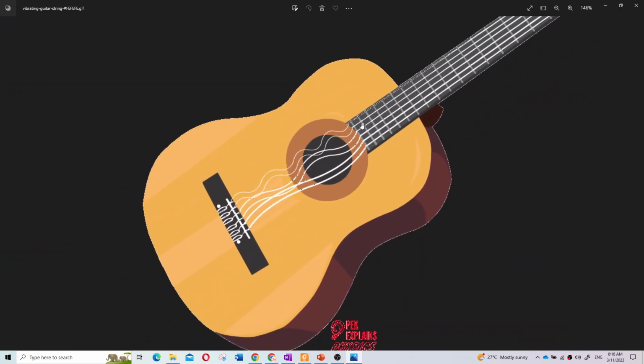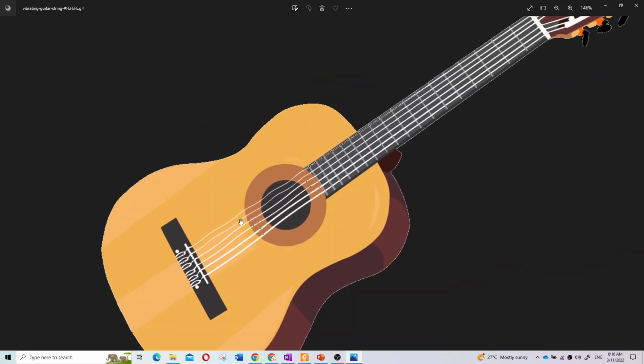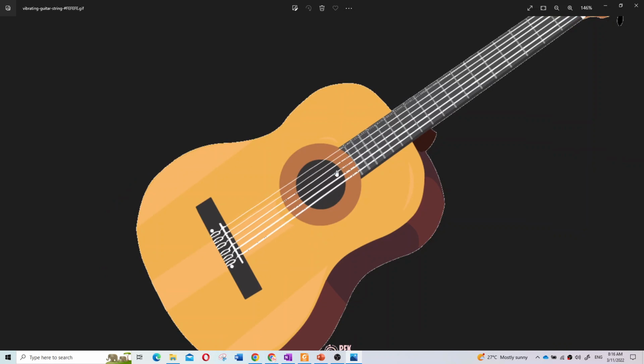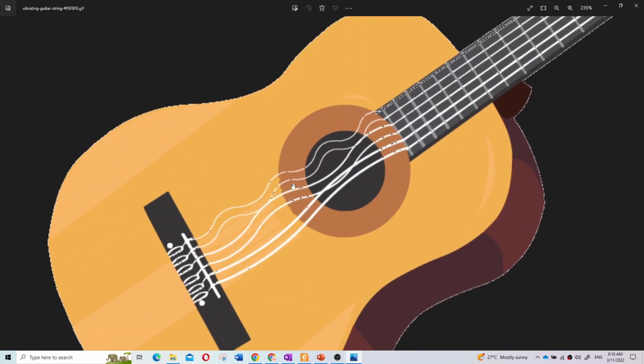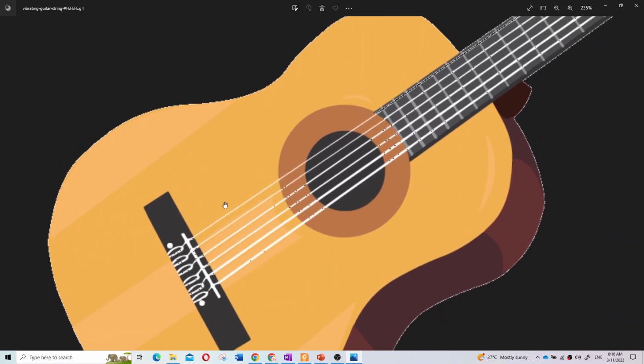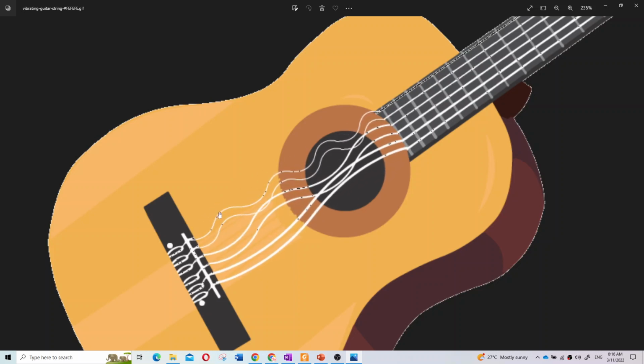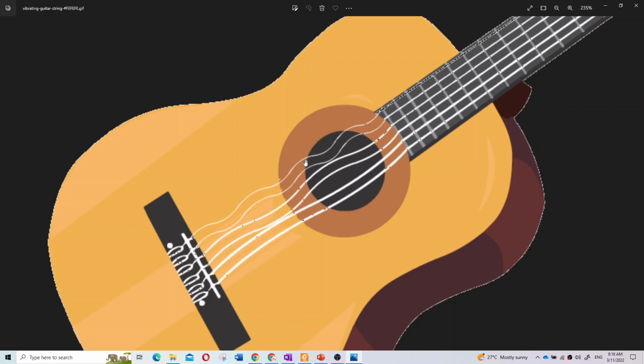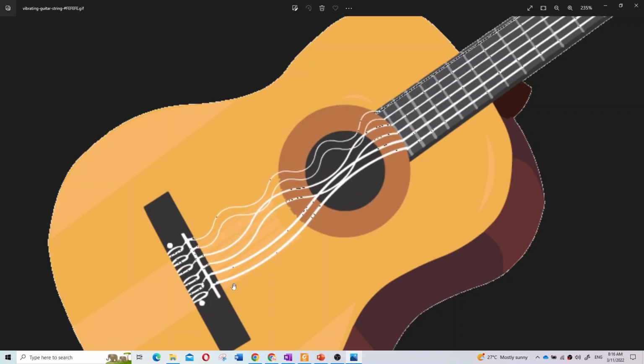Actually, it's not just this part that vibrates, it's the whole wire, but I just simplified it. Can you see the different thickness? This one is a thin string. It has a shorter amplitude compared to the thicker string.